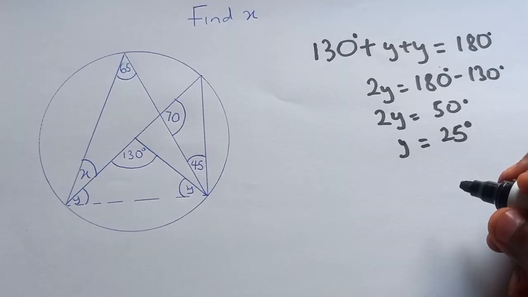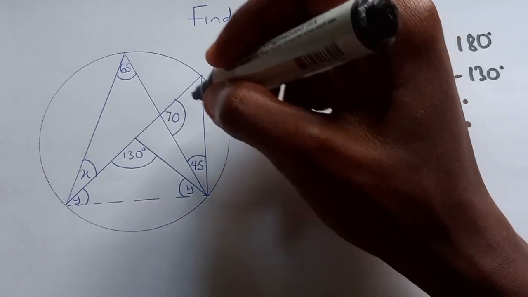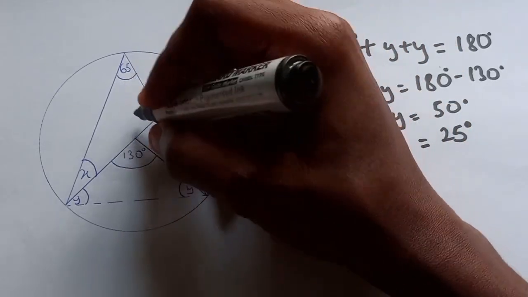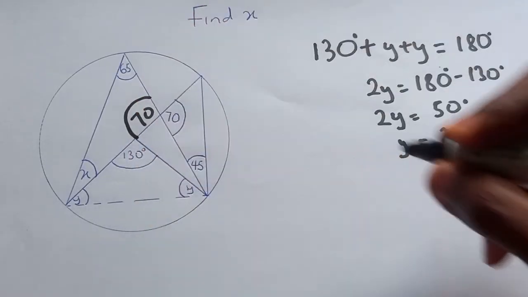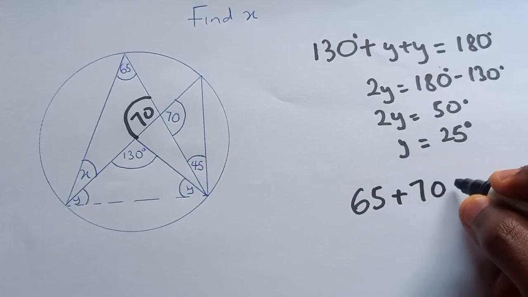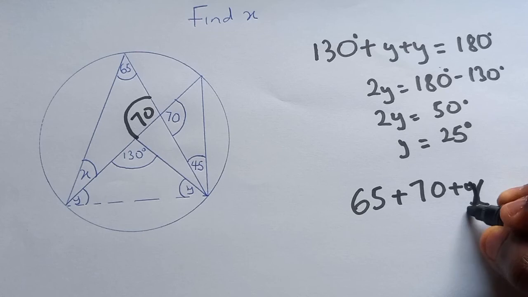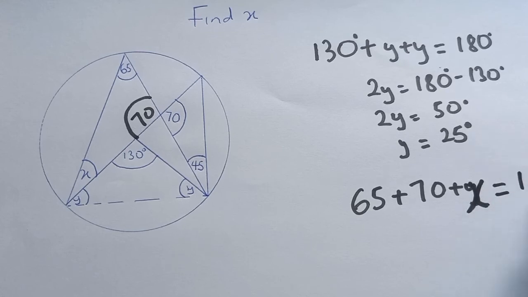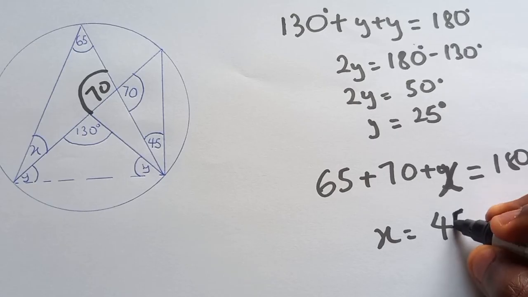Before you can solve for X, you know that from here, vertically opposite angles, we have this angle to be 70. So then we know that from here 65 plus 70 plus x is equal to 180. Therefore x is 45.